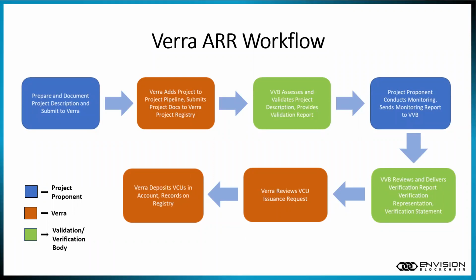The project proponent prepares, documents, and submits the project description to Verra. Verra adds the project to the project pipeline, submits project docs to the Verra project registry, and then the VVB assesses and validates the project description and provides a validation report. Then the project proponent conducts the monitoring and sends a monitoring report to the VVB, and the VVB then reviews and delivers a verification report, verification representation, and verification statement.